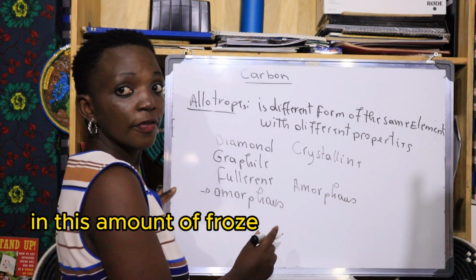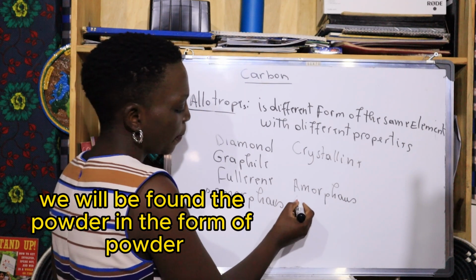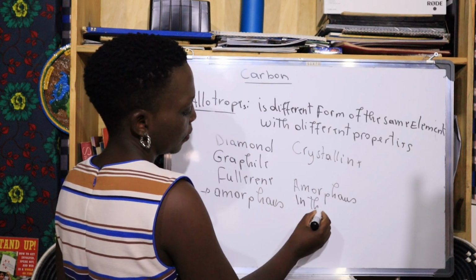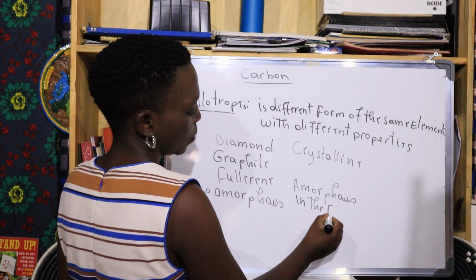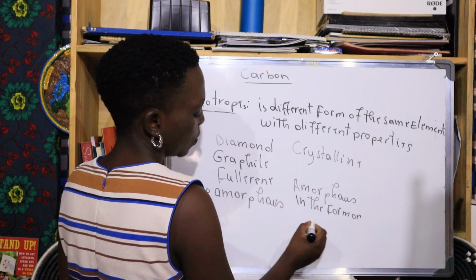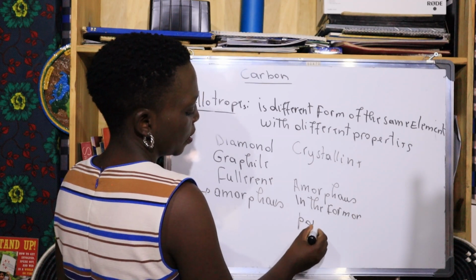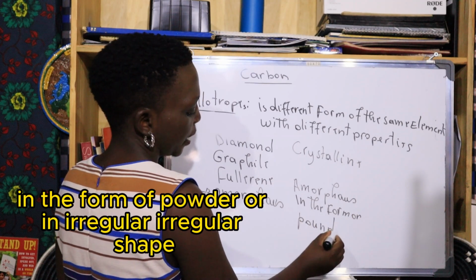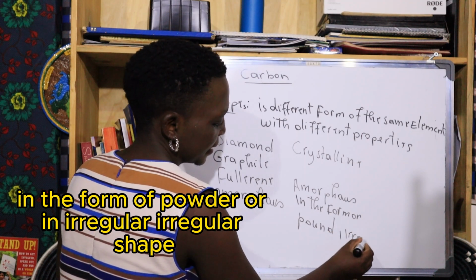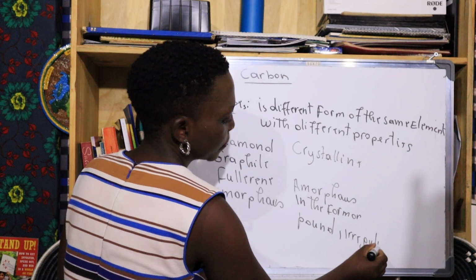In amorphous, we find the carbon in the form of powder, or in an irregular shape.